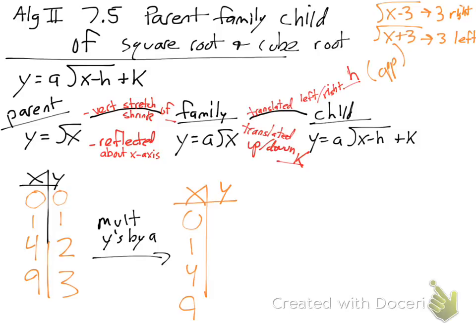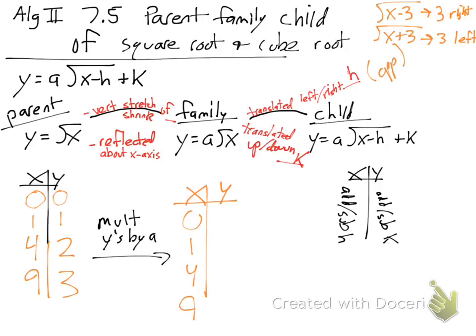Now, moving on to the child, we bring back h and k, which means I'm translating, aka moving left or right h units, or up and down k units. So what I'm going to do for this t-chart is add or subtract h. I'm going to add or subtract k to those values.